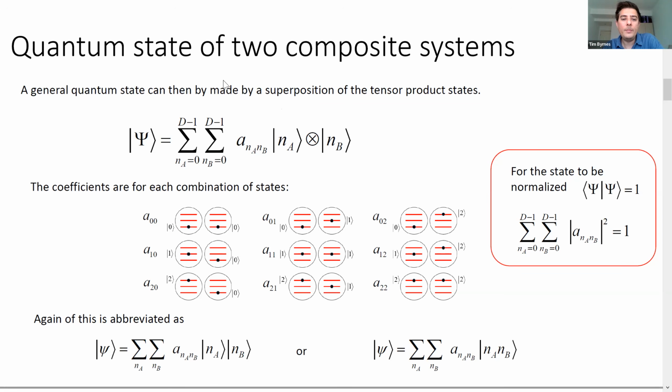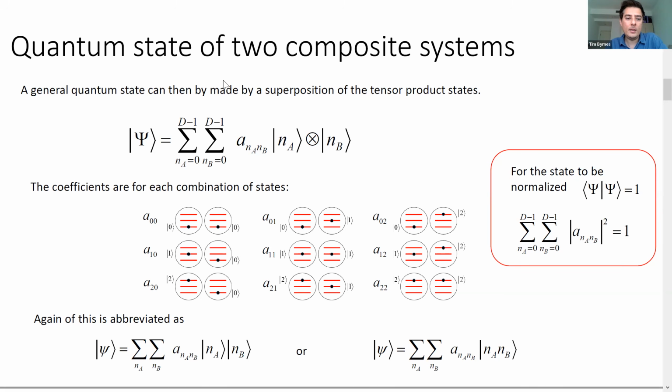In the previous case, we had these 9 states, and those 9 states can participate in a superposition. So what you're going to have in general is a vector which consists of these 9 different states, right?